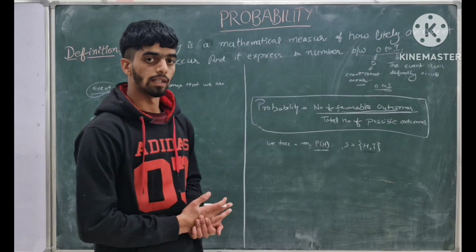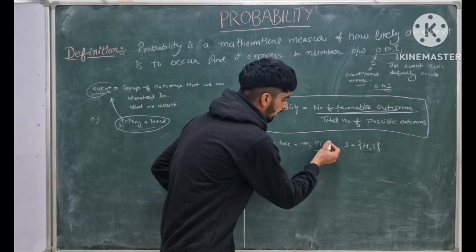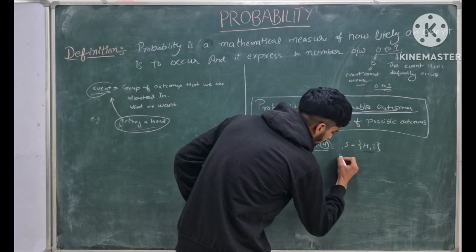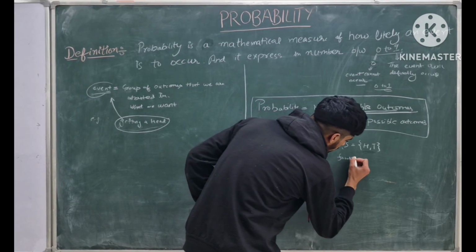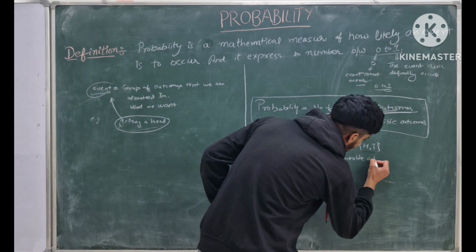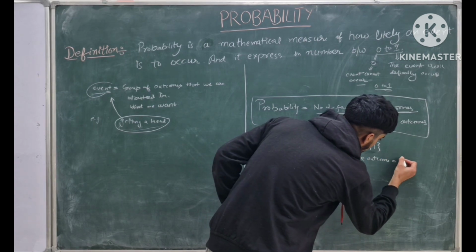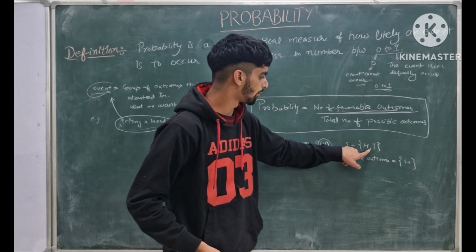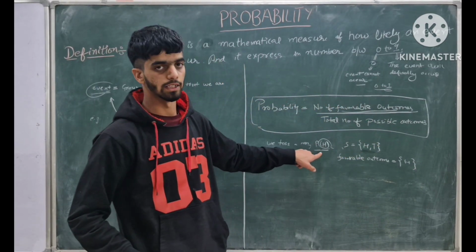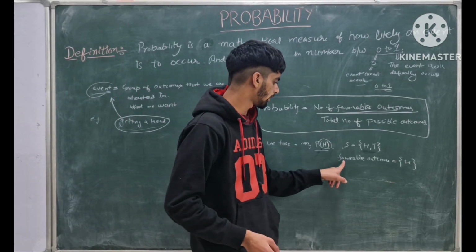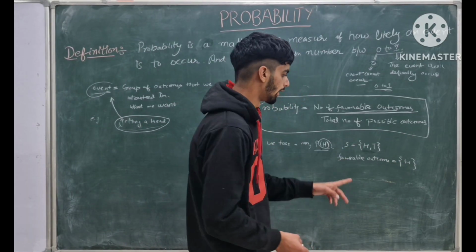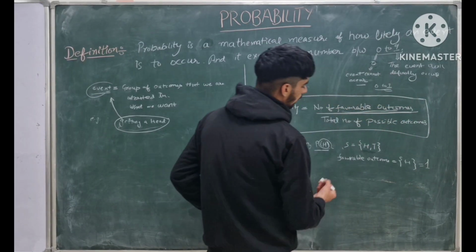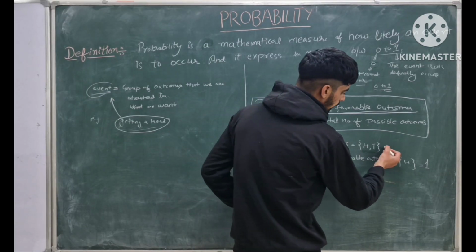Our event is getting a head, so our favorable outcome will be a head, because in the sample space there is only one head and that satisfies our event condition. So the number of favorable outcomes will be 1, and the size of the sample space will be 2.